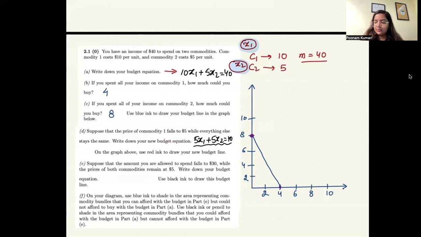Right. तो फिर इसका मतलब मुझे पता है कि यहाँ पे the maximum amount of x2 is 8, the maximum amount of x1 is also 8. तो पहले 8 था, तो ये तो 8 ही रहेगा, लेकिन अब नया जो है वो भी 8 हो जाएगा. Right? और इसको किससे बनाना है? रेड इंक से. तो इसको रेड इंक से बना देते हैं. तो this is my new budget line.